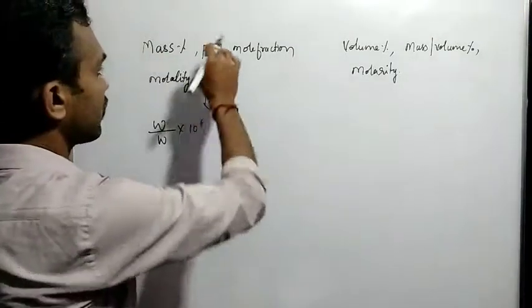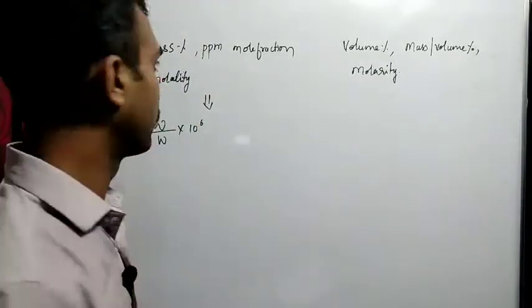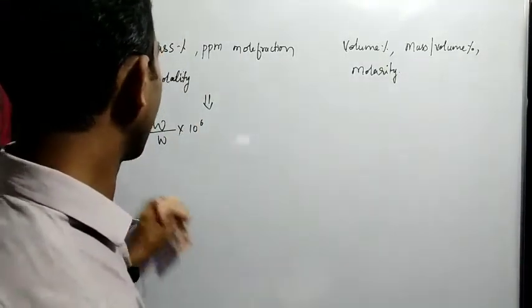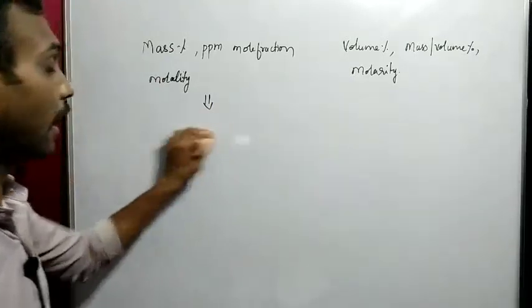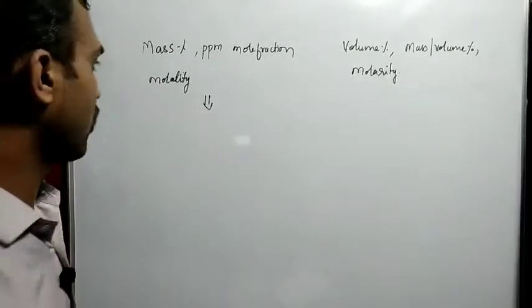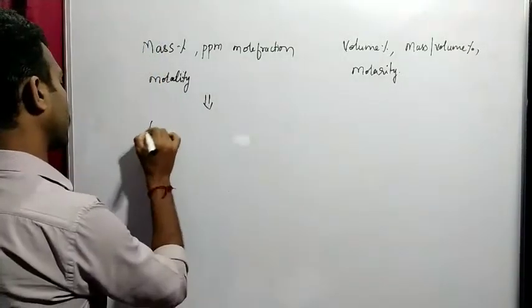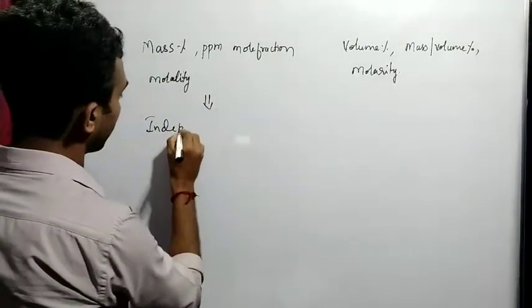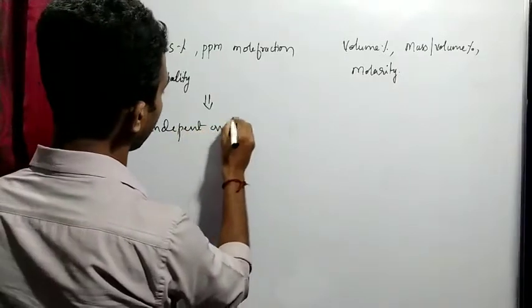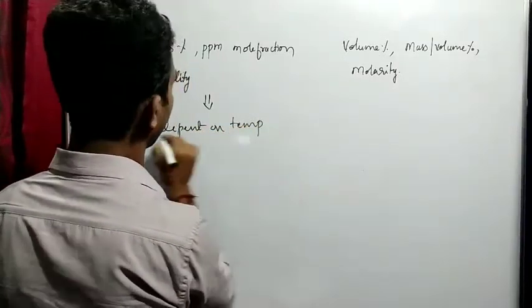So mass percentage, that may be in parts per million, and the mole fraction and the molality, these all are independent of temperature. Very very important. Independent of temperature, right?